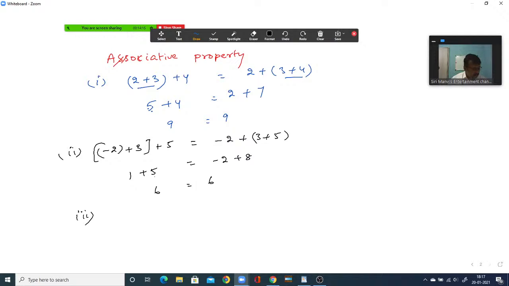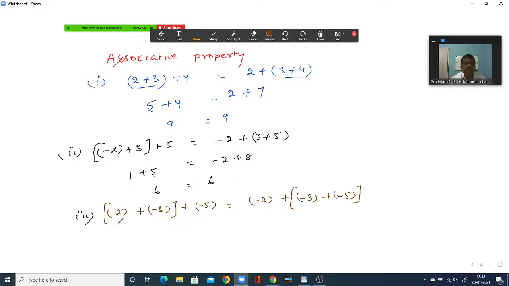Now I am going to take the third example. Minus 2 plus minus 3 plus minus 5 is equal to minus 2 plus minus 3 plus minus 5 with the brackets on the last two. Here the two signs are same, so first we add the natural numbers. 2 plus 3 is equal to 5.